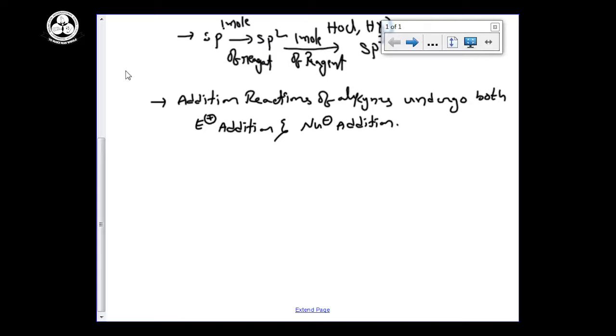So we will see one by one. First one is addition of hydrogen.